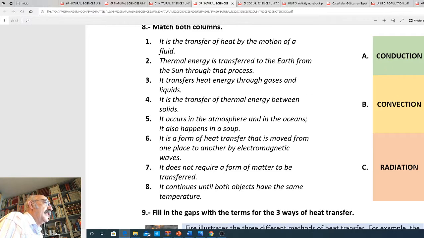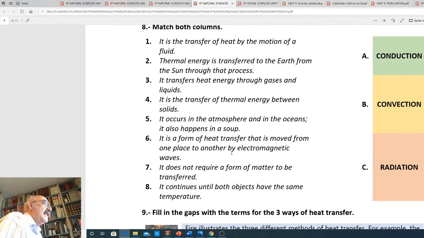So you need solids. Number 5, it occurs in the atmosphere and in the oceans. The atmosphere, air, gas, oceans, water. It also happens in a soup. So number 5 refers to fluids, and this is again the convection. Good.